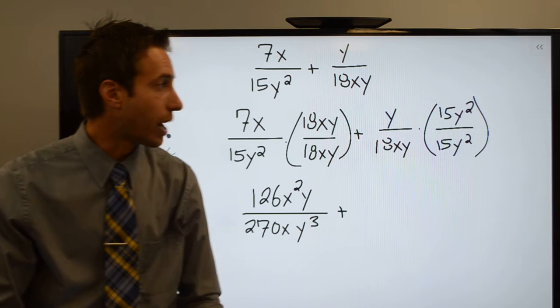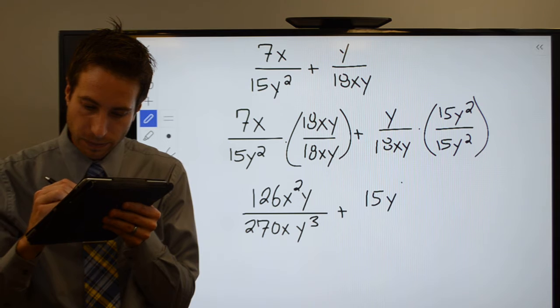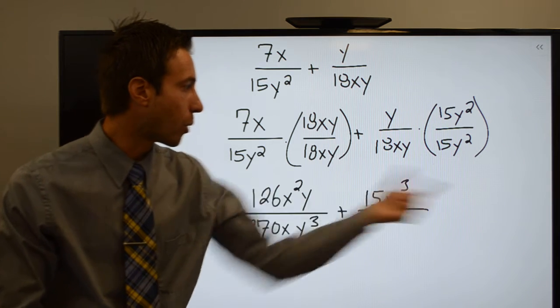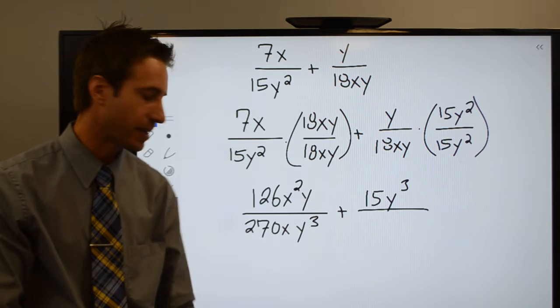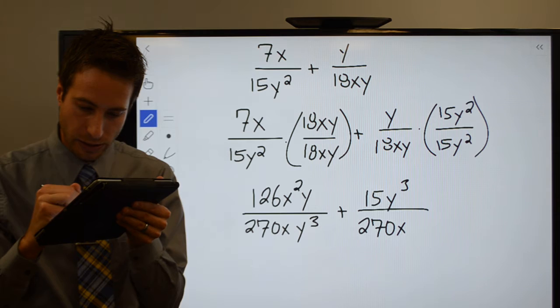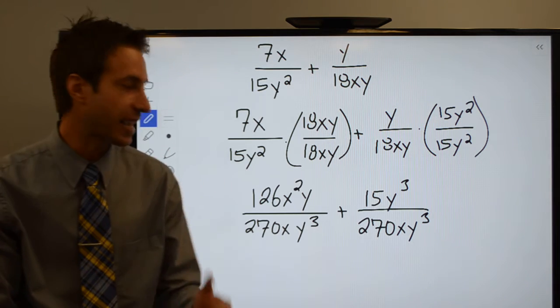Y times 15y squared is 15y cubed. And, no surprise, 18xy times 15, we just did it over here, is exactly the same thing, 270xy cubed.